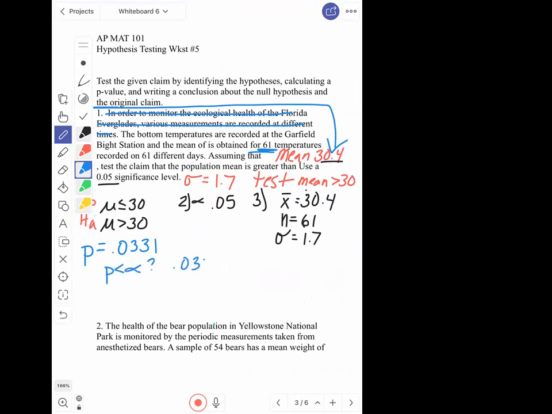Is 0.0331 less than our significance level of 0.05? Yes, it is. So we should reject H naught. So I'm going to put a big X through our H naught. That basically means, in the context of the problem, that there is sufficient evidence at the 0.05 significance level that the mean bottom temperature in the Everglades is greater than 30 degrees Celsius.